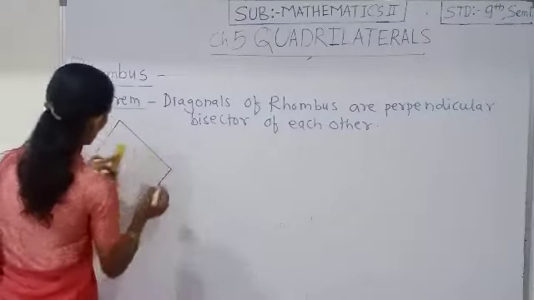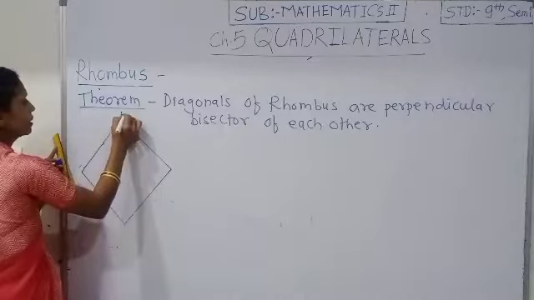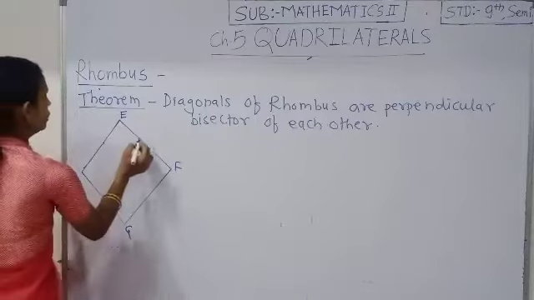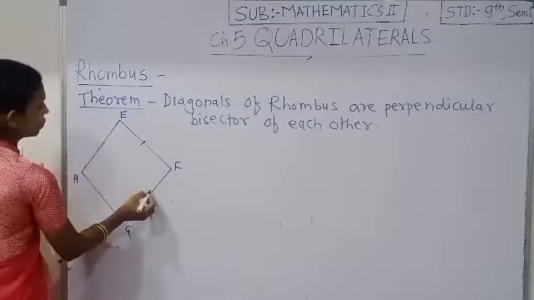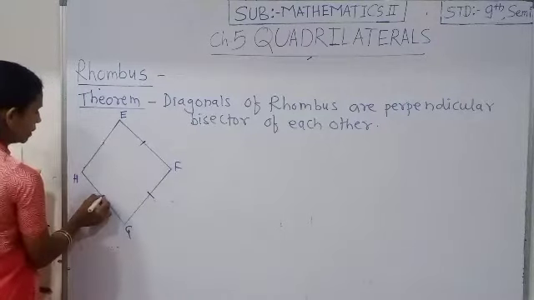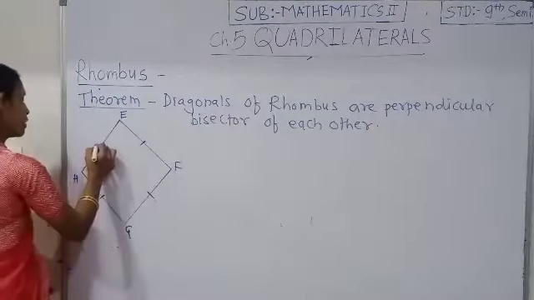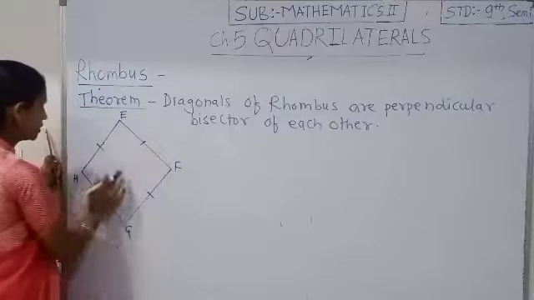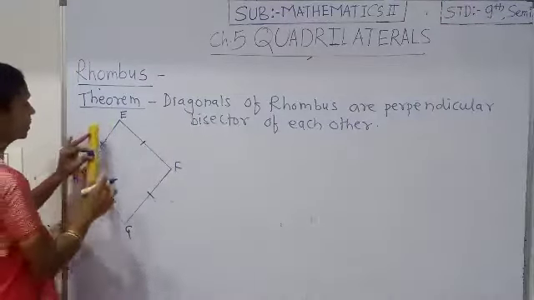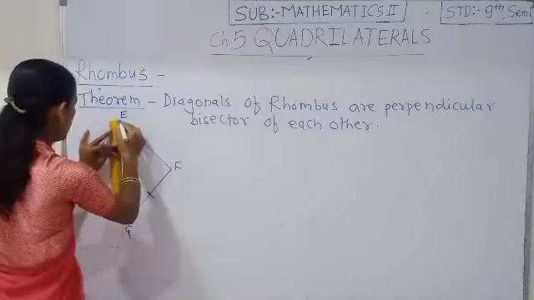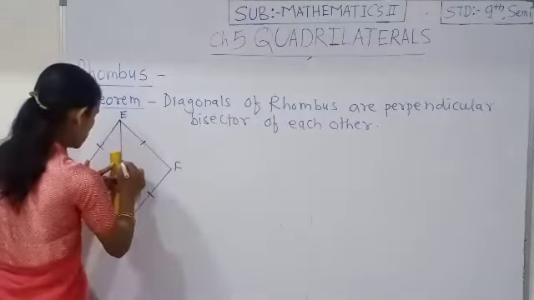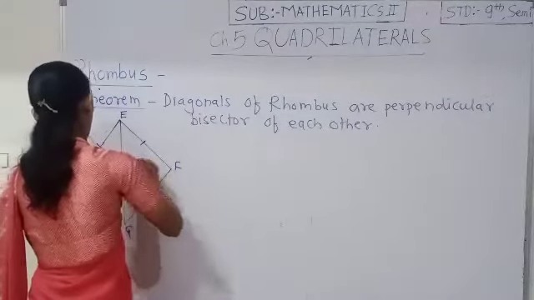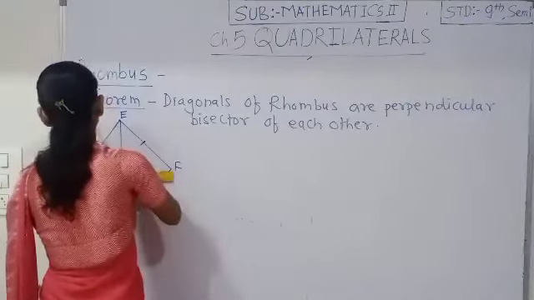Here is the rhombus EFGH, in which EF is congruent to GF, congruent to HG, congruent to EH. That means quadrilateral EFGH is a rhombus. Then we have to draw the diagonals of that rhombus to prove this property.